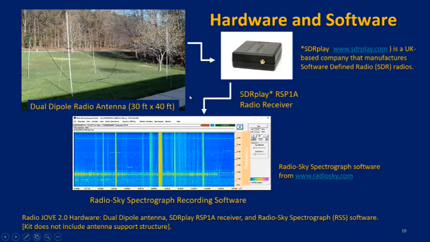So here is the instrument. Here is the basic setup, and we're using the commercial receiver from SDRplay. That's a UK-based company, and we pair it with our dipole or dual dipole radio antenna.